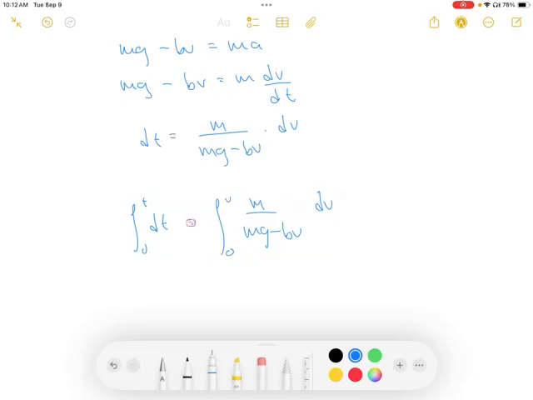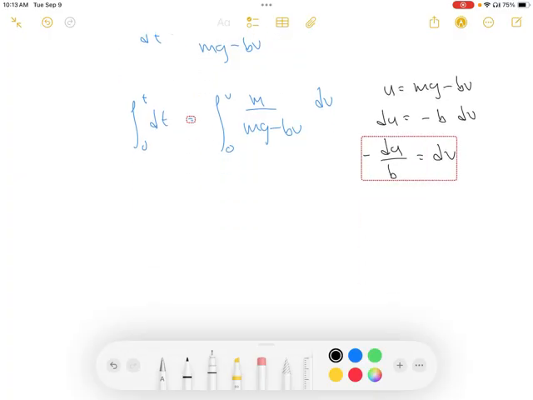So to integrate this, we're going to do a substitution, where u is going to be mg minus bv, which means that du is going to be equal to minus b dv, which means that minus du over b is going to be equal to dv.